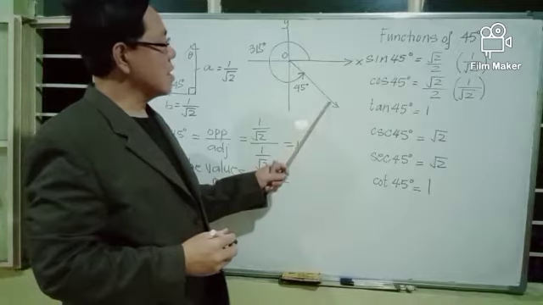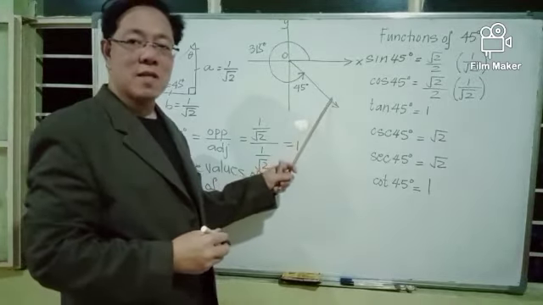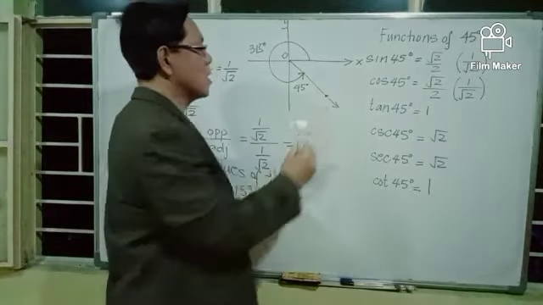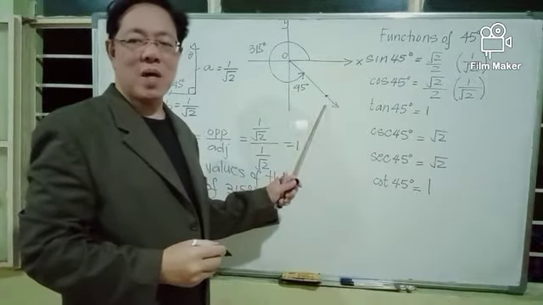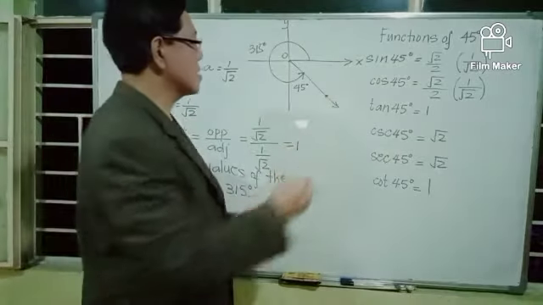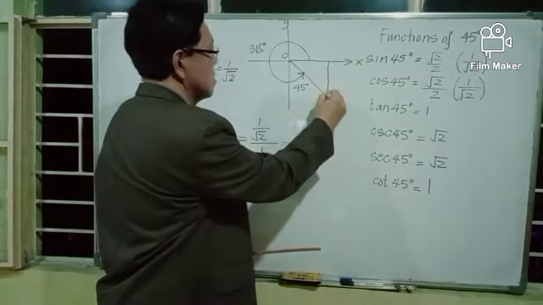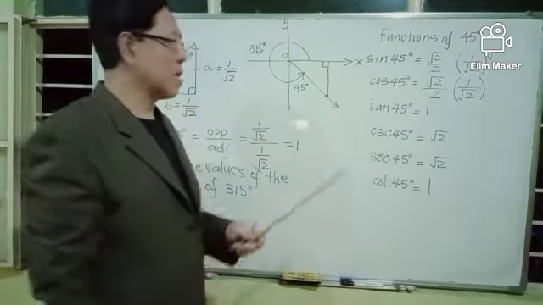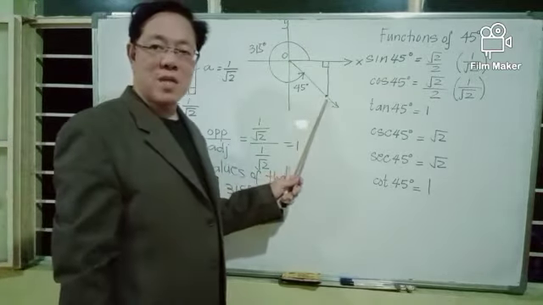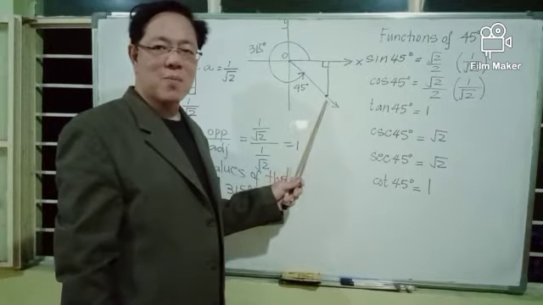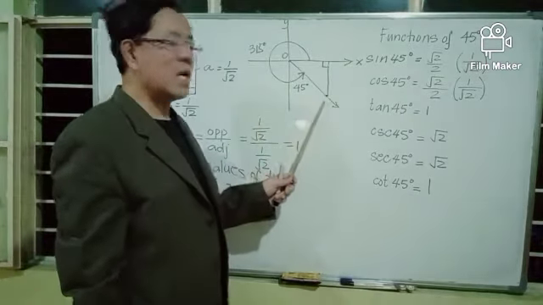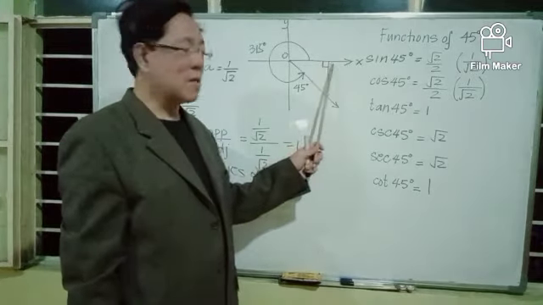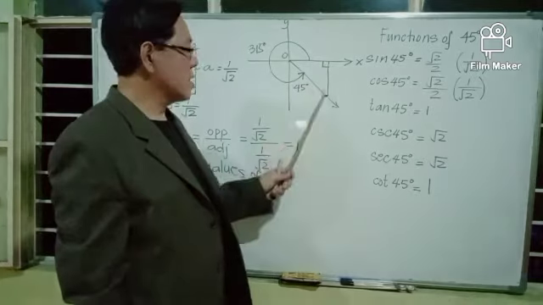Now we take a point on the terminal side of the angle 315 degrees. Say this point, and from this point we drop a perpendicular to the x-axis to construct a right triangle. We take an arbitrary point on the terminal side of the given angle 315 degrees, and from this point we drop a perpendicular to the x-axis to construct a right triangle.